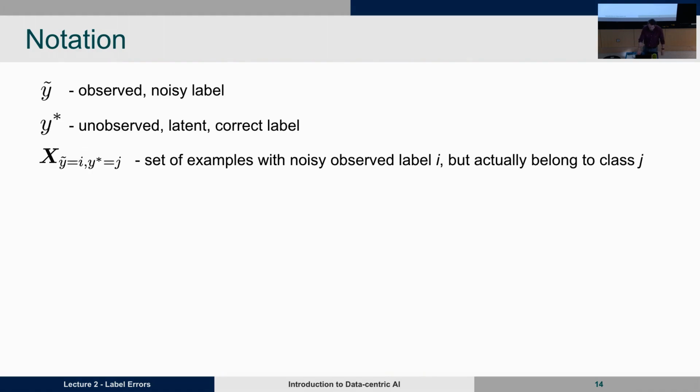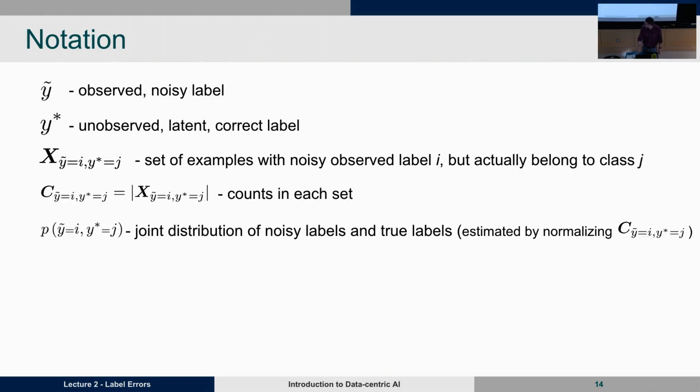Cool. All right, so some notation. We've seen this before, so this will go quicker. Tilde, that's the noisy observed label. Y star, that's the true label that you don't get. Now I'm having an actual notation for what the data set is. So this is the data set that you're going to do your final training on to get your final model, and we're going to find errors in that data set.